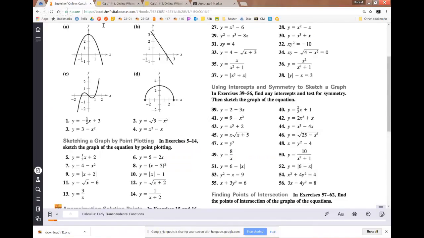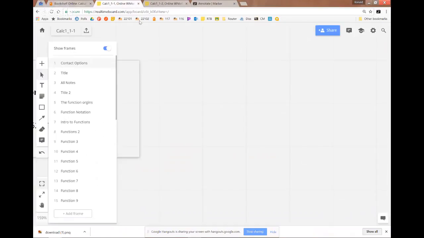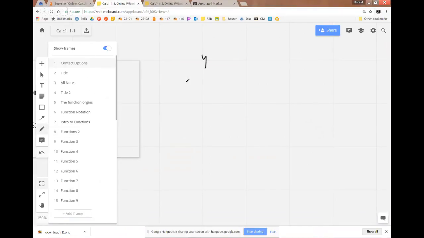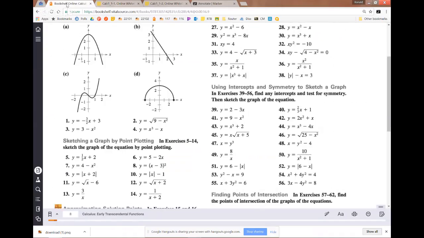And the directions stated, find any intercepts and test for symmetry.